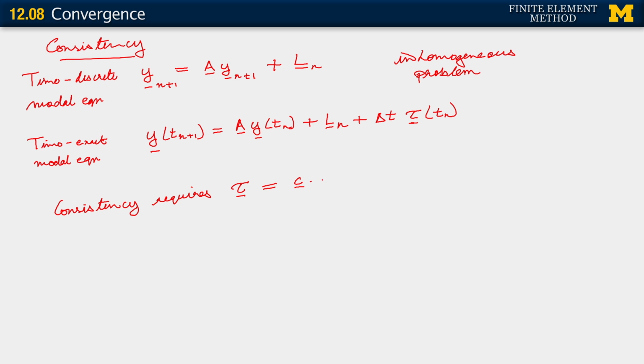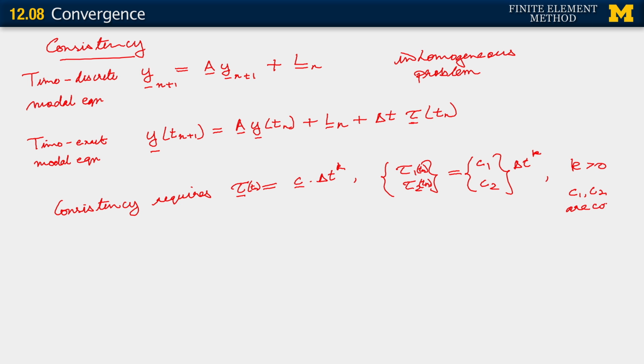C times delta t to the power k, or we could write this as tau 1, tau 2, both functions of Tn, equal to C1, C2 times delta t to the power k, where k is greater than 0 and C1, C2 are constants.